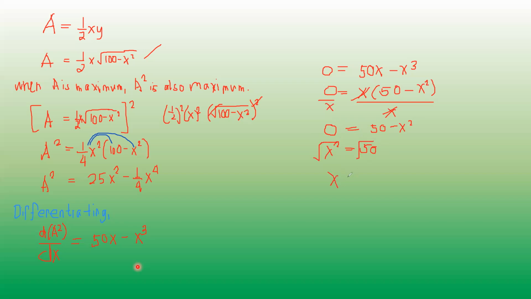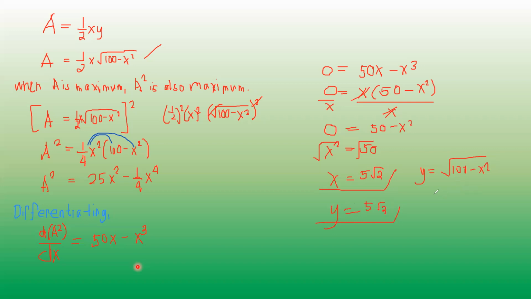Kaya ang x ngayon equals sa, kagaya kanina, di ba ang x ay equal sa 25 times 2. Square root ng 25 ay 5. So meron tayong 5 square root of 2. Again, solving for y, kagaya sa solution kanina, y equals 5 square root of 2. Kasi ang y ay equal sa square root of 100 minus x squared.